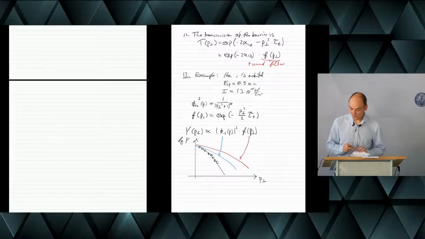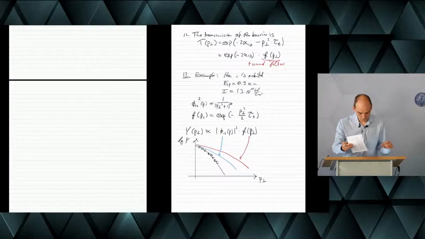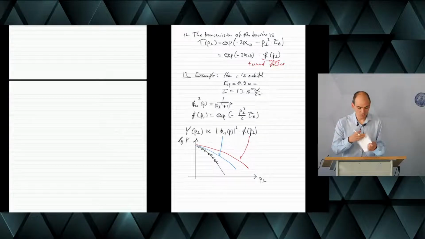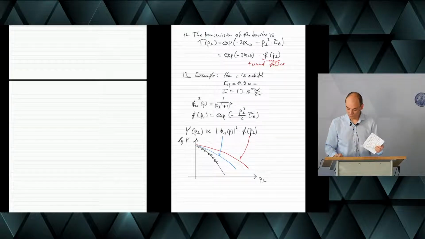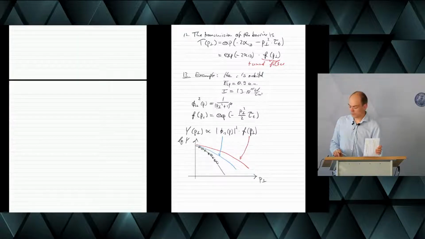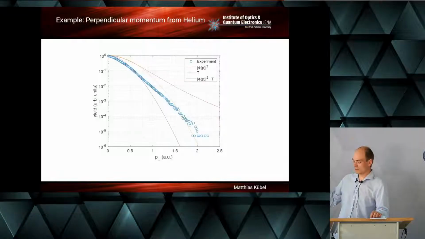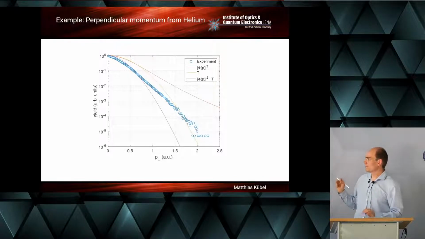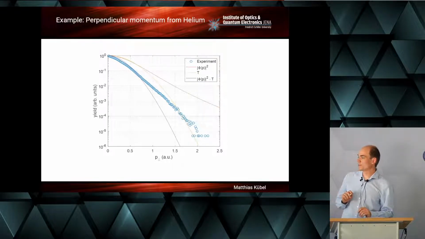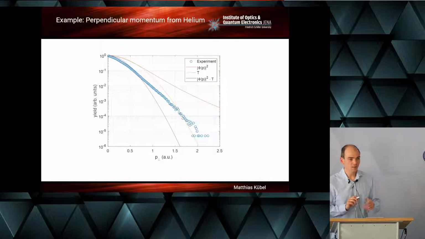Good. Before we conclude this first session, I'd like to, can you switch back to the presentation? Yeah, so it actually looks like this. So there's a deviation at lower momenta. There's a question: why did we divide by 2 in this tunnel filter?